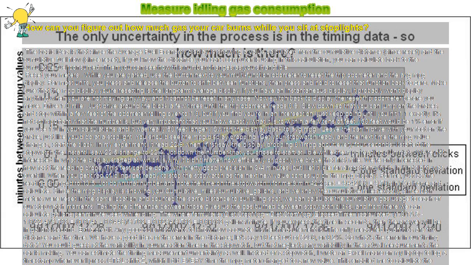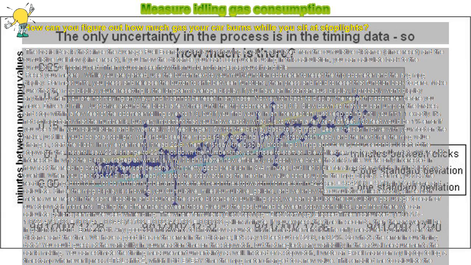Switch the display back to average MPG. Leave the car in drive with your foot on the brake, just like you'd do at a stoplight. You should see the MPG display dropping. Get your stopwatch ready and the next time the MPG value changes, start the clock.